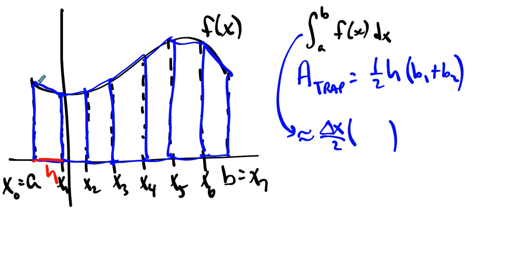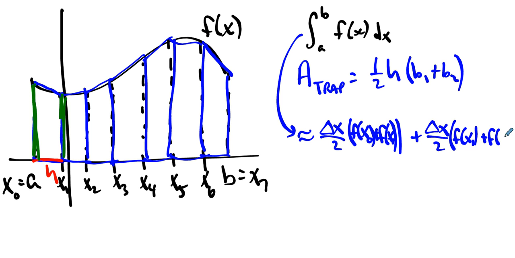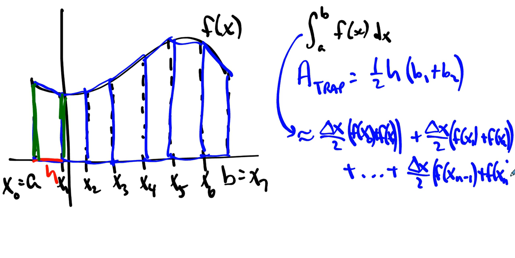And then the sum of the bases, well, these are the bases: f of x0 plus f of x1. And then the same thing happens for this trapezoid, delta x over 2 times f of x1 plus f of x2, and so on, until the very last one has an f of whatever the n minus 1th is, and then whatever the last one is.